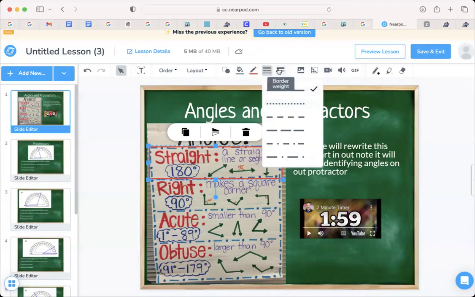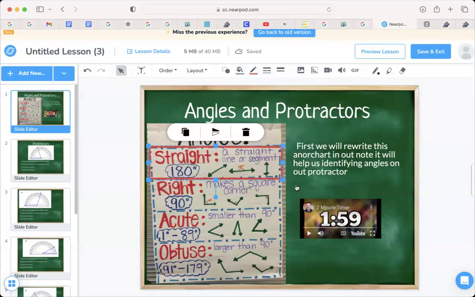Well, let me make the line a little thicker. All right, whatever's in this red box, you are writing. So write straight angles, 180 degrees, write the definition, and then write some examples of straight angles. Okay, you have 30 seconds. My bad. You have a minute to write these things that is in the red box. Go.